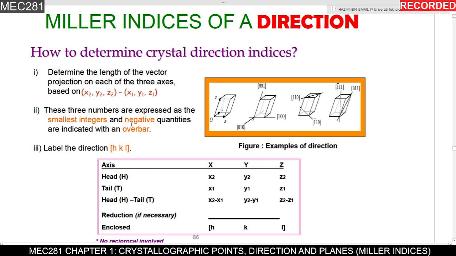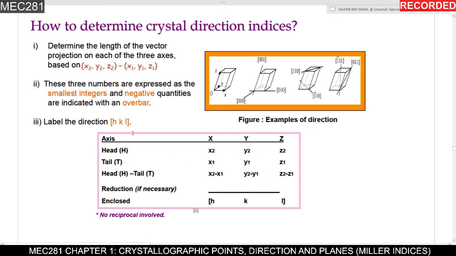Then you have to label the directions in the enclosure here, with symbols H, K, L. So basically this is the table procedure that you have to do for every problem of directions.